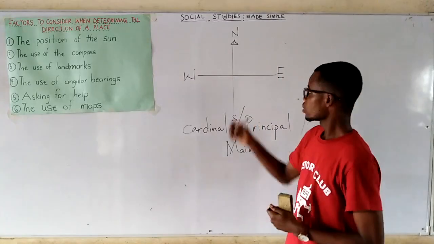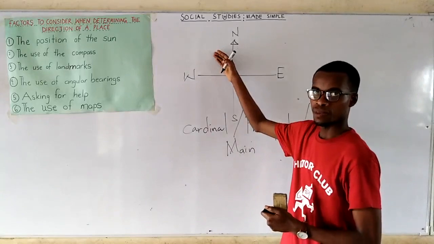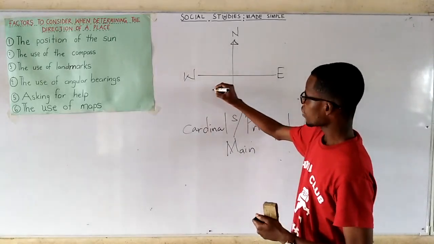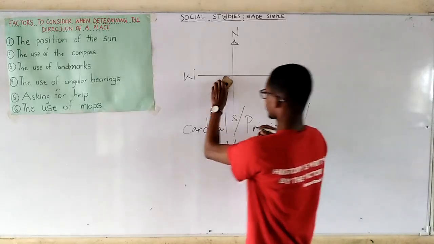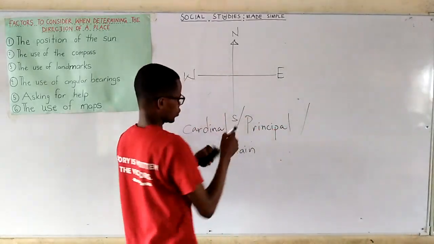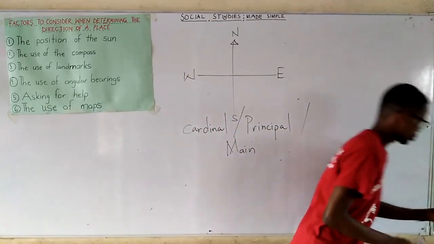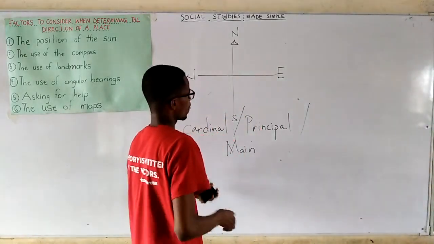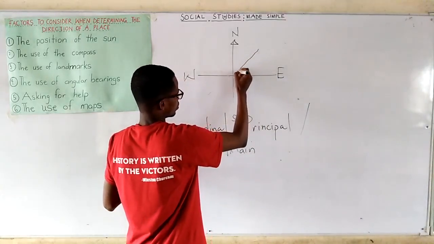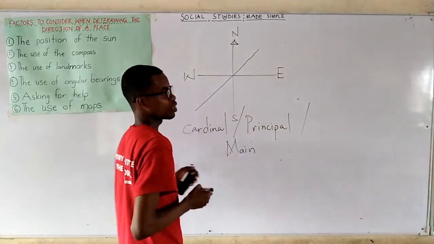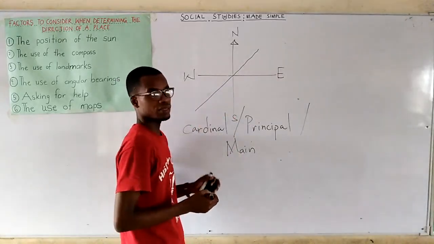So when you have these four spaces, you draw a simple line to divide the north and the east, and let that same line divide the south and the west.